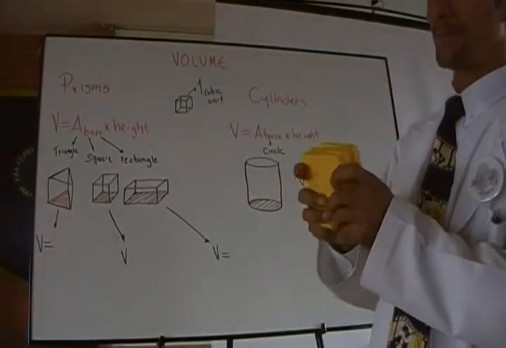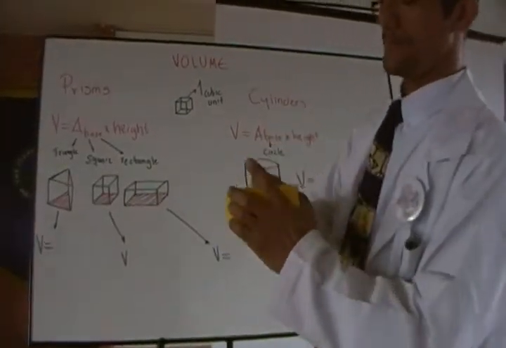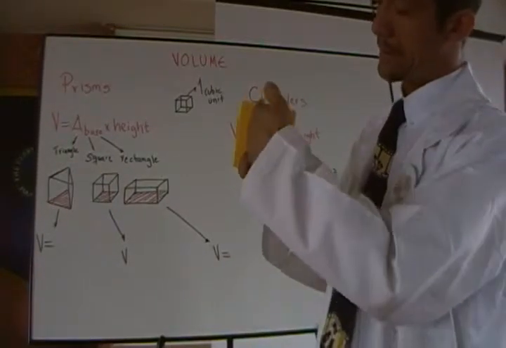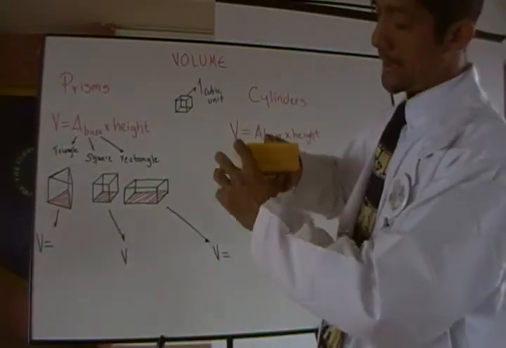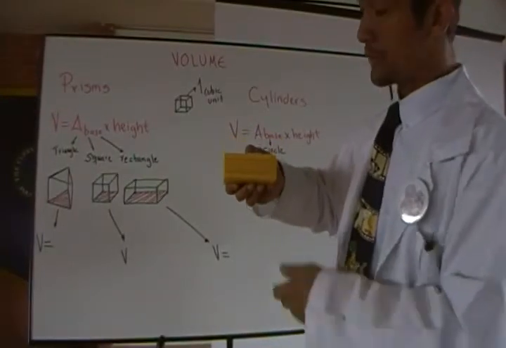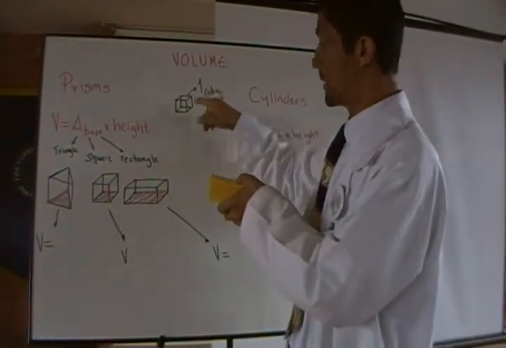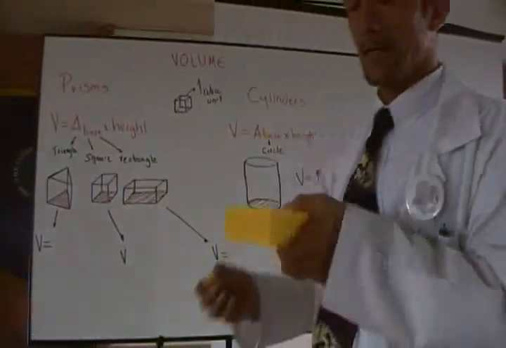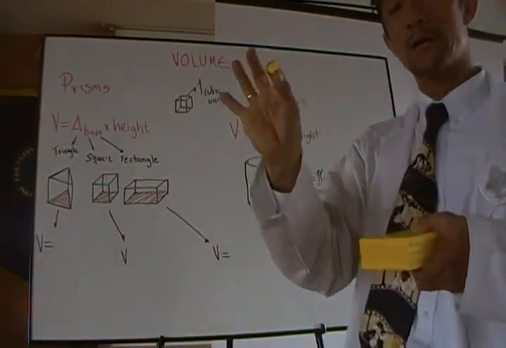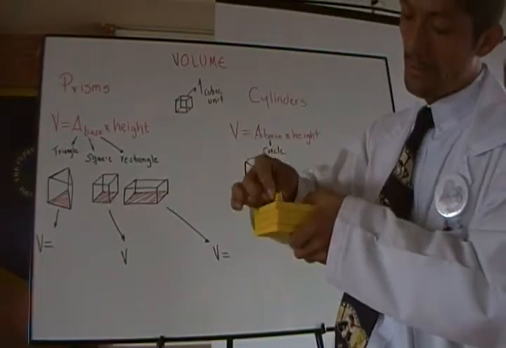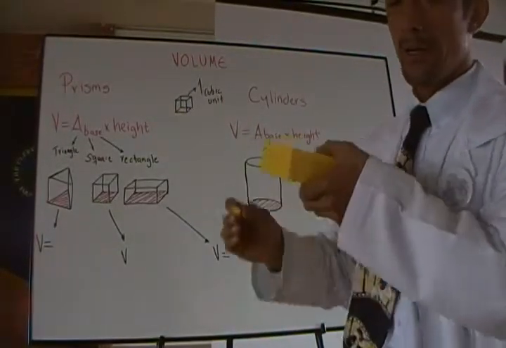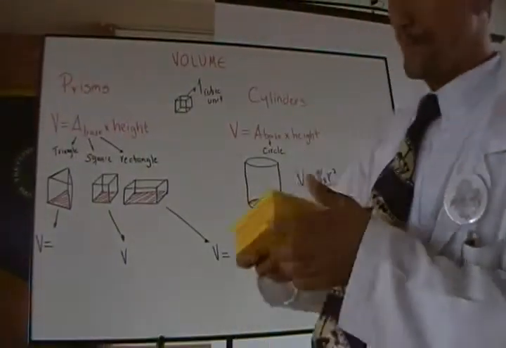This figure, for example, has the area of the base of 100 square centimeters times the height 4. So I will have a volume of 400 cubic centimeters. That means that in this case I have 400 of these cubic centimeters stacked one on top of the other, etc., until I complete the 400.